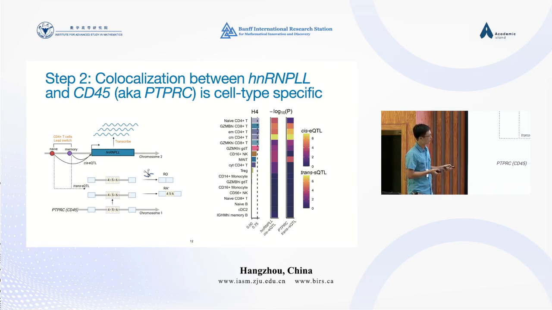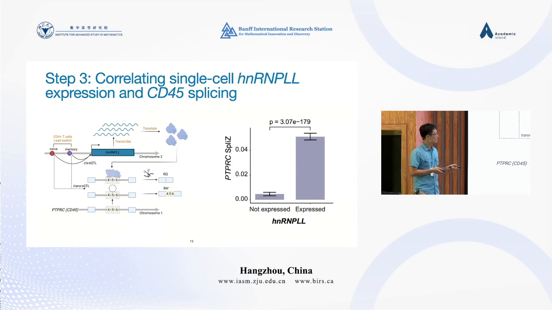Whenever you have a cis eQTL effect, you have a strong trans sQTL effect. This gene, HNRNPLL, produces an RNA binding protein, which comes and searches for exons 4, 5, and 6, and marks them for splicing.